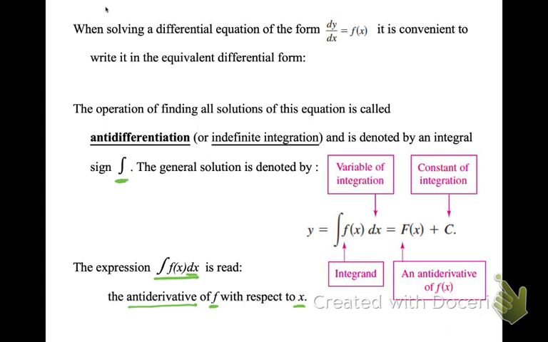This over here is just the setup I've shown you, that y equals the integral of f of x dx, which is equal to F, meaning the antiderivative of x, plus C. And C is that constant of integration. So just like when we found derivatives, we rewrote things to make them easier to work with. Guess what we're going to do again? Rewrite them to make them easier to work with.